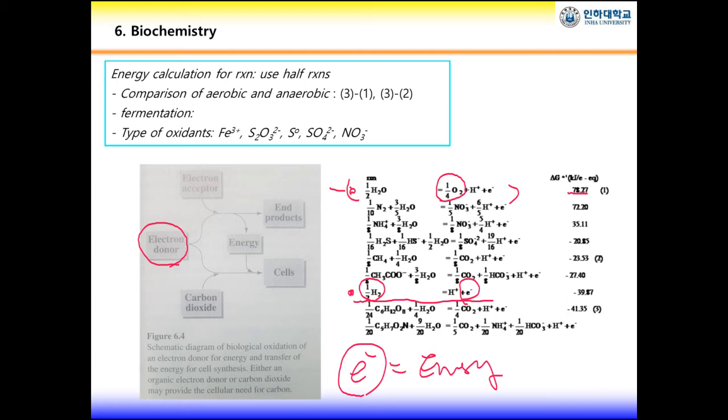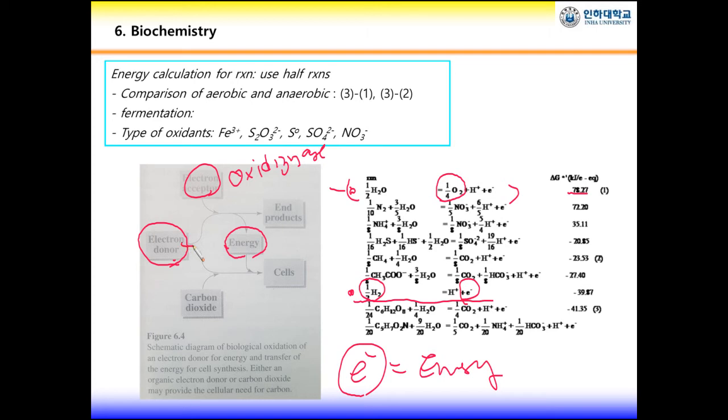So most of the energy contained in the electron donor is used to produce energy that makes cells. To make energy, the electron is transferred to the electron acceptor, that is the oxidizing agent.